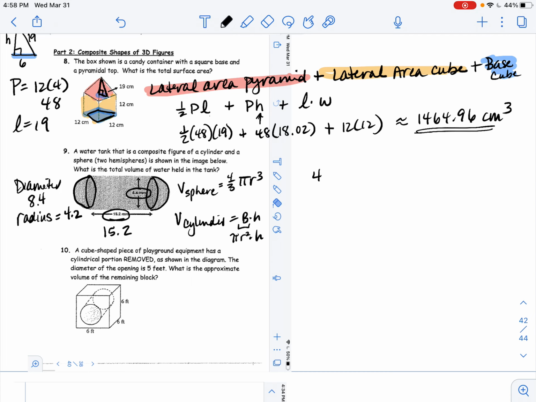All right, so let's plug in. We have the volume of the sphere, so that's 4/3 pi times the radius cubed, plus the volume of the cylinder, which is the base, pi times the radius squared, times the height. All right, put this in your calculator, 4/3, and I'll write it first in terms of pi.